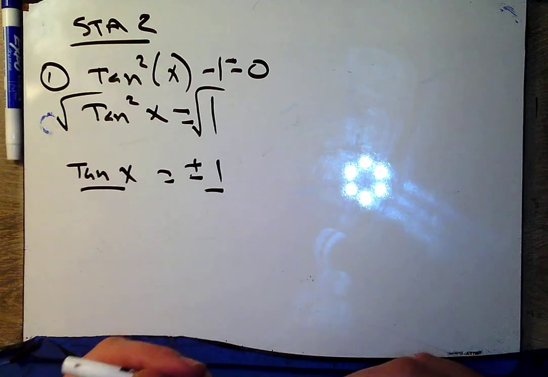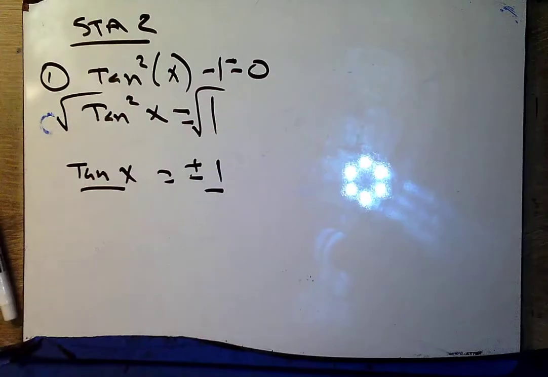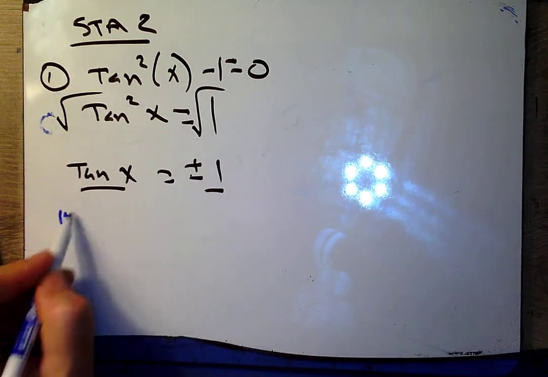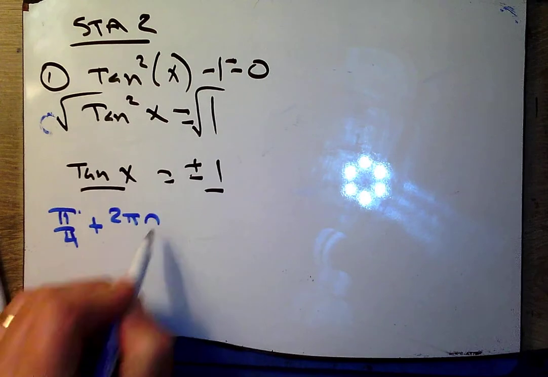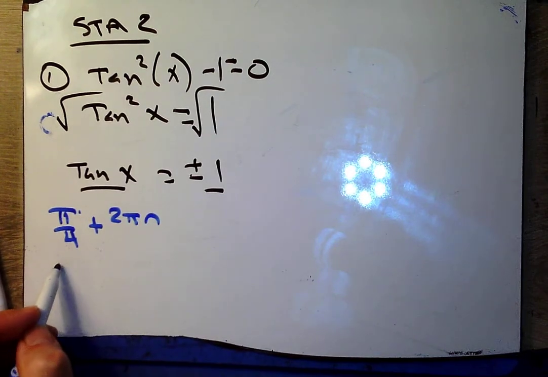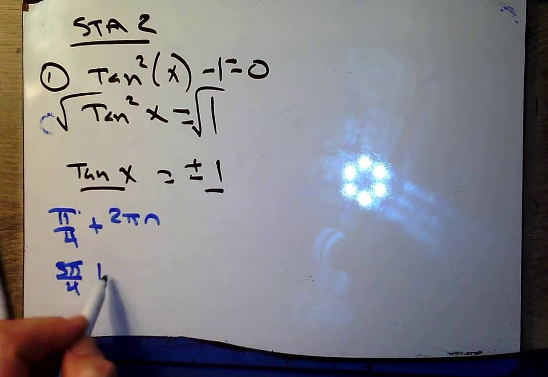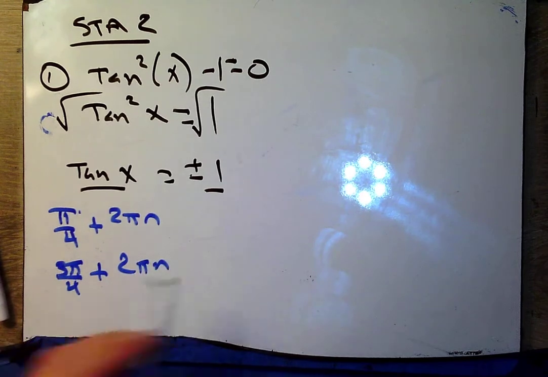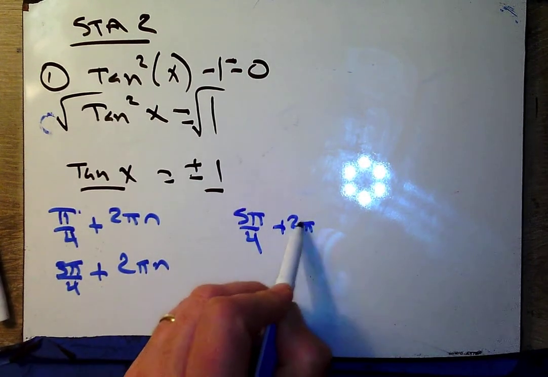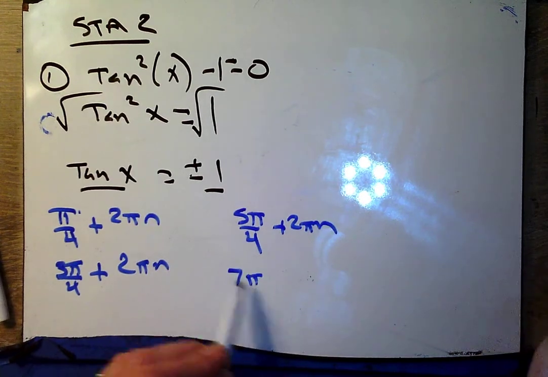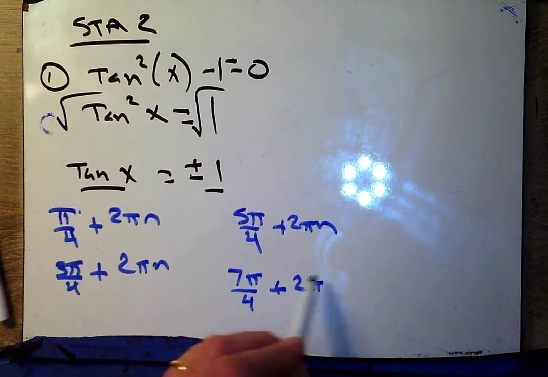And that happens at all the pi over 4s. So I'm going to have pi over 4 plus 2 pi n and 3 pi over 4 plus 2 pi n and 5 pi over 4 plus 2 pi n and 7 pi over 4 plus 2 pi n.